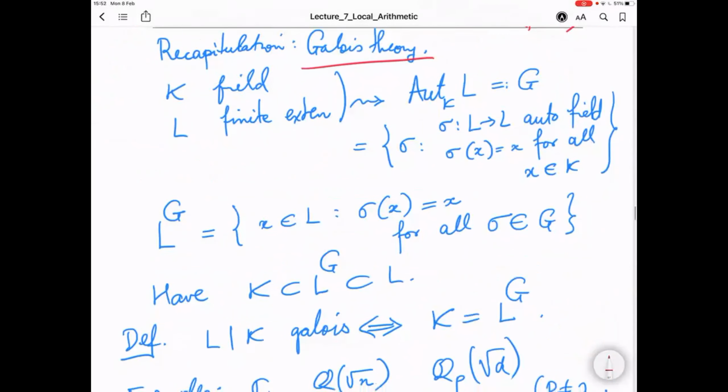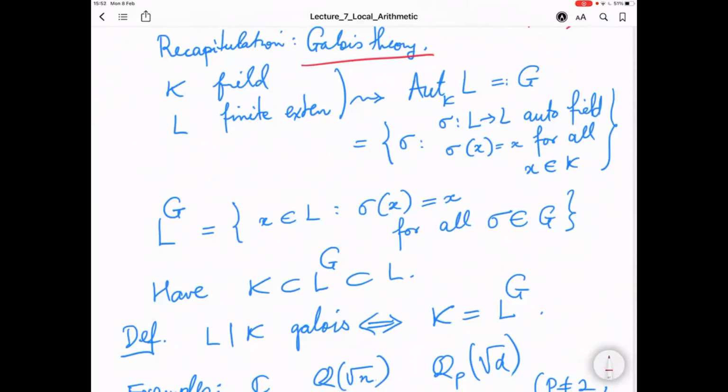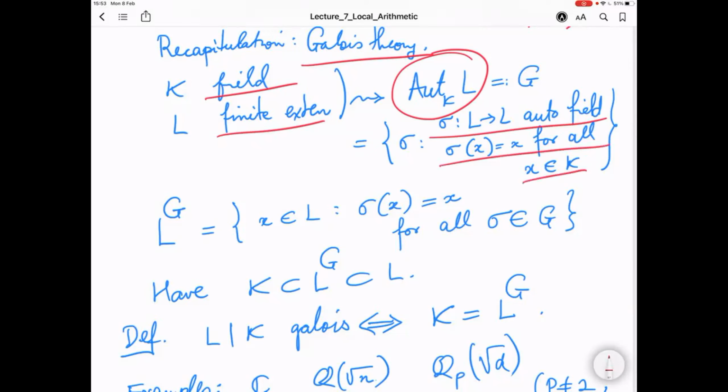So we have a field K and a finite extension L of K. Then, of course, we can talk about the group of all automorphisms of the field L which leave every element X of K fixed. So that's a group Aut_K(L). Let's just call it G for short.